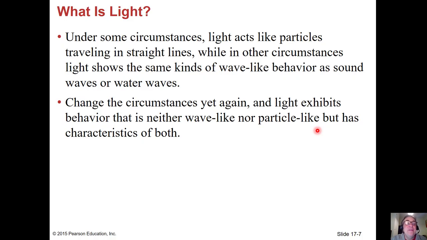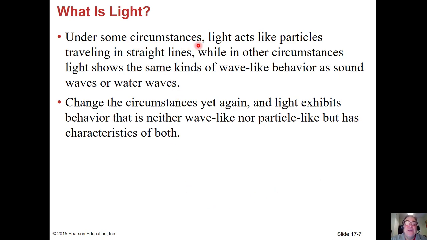So what exactly is light? Well, when we talked about chapter 25, we saw how we actually could produce electromagnetic waves from Faraday's law. And then this wave that's produced, depending on what it interacts with, you see different kinds of characteristics come out.